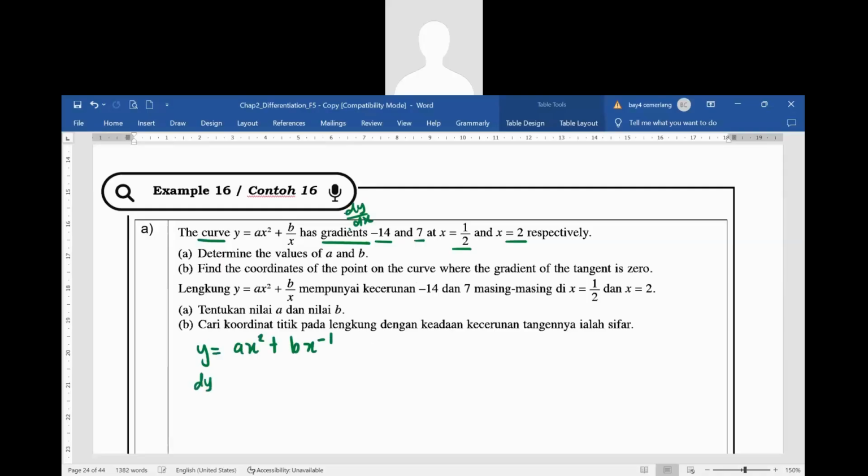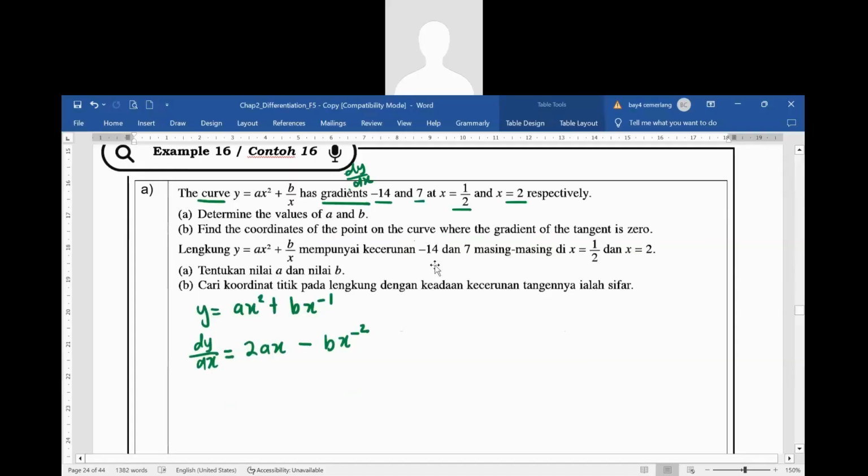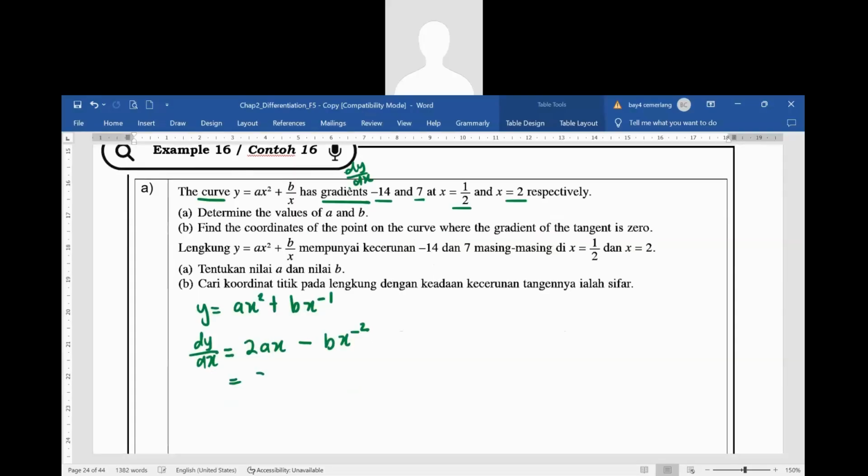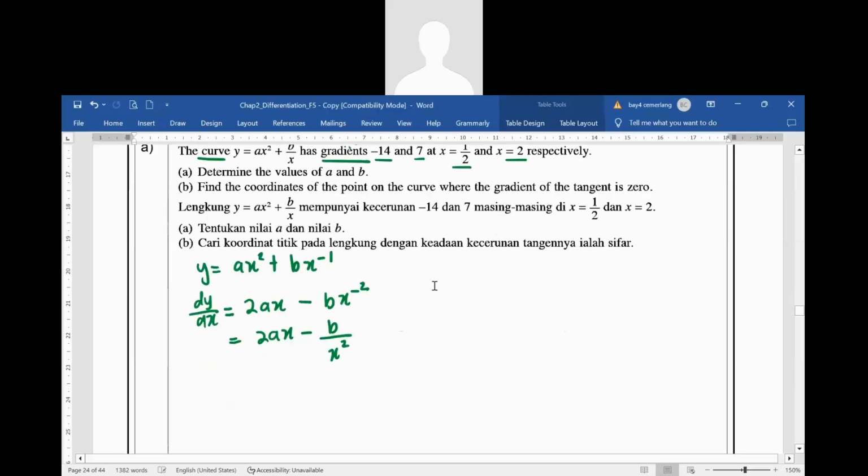Then dy/dx is 2ax minus bx to the power of negative 2. Put in a proper term, b over x squared. So this is what we call the gradient of the curve.